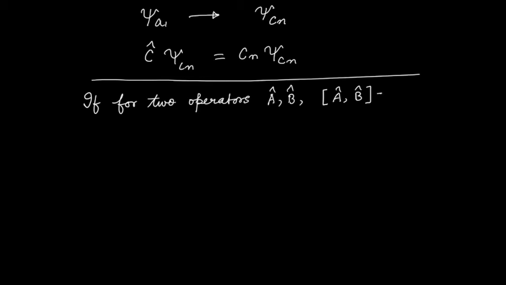If for two operators A and B, this equals 0, then as we saw, they will share the same eigenfunction.